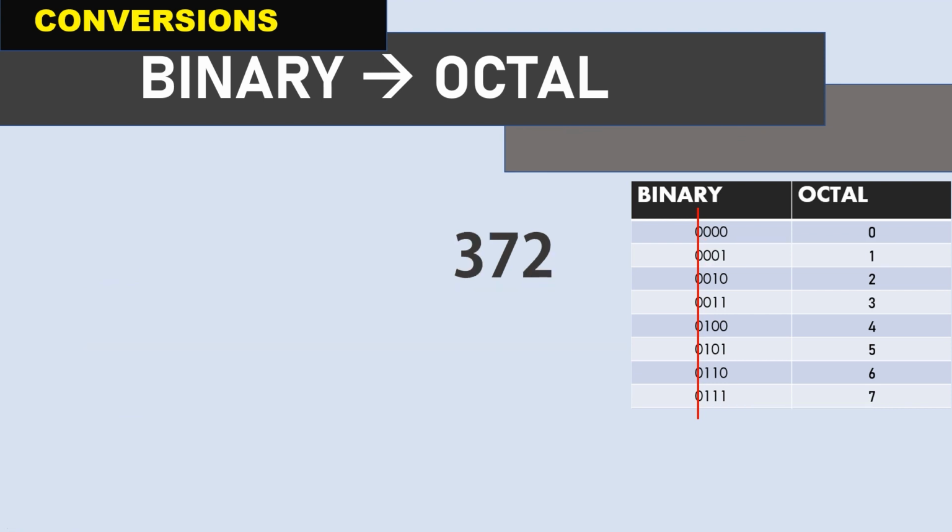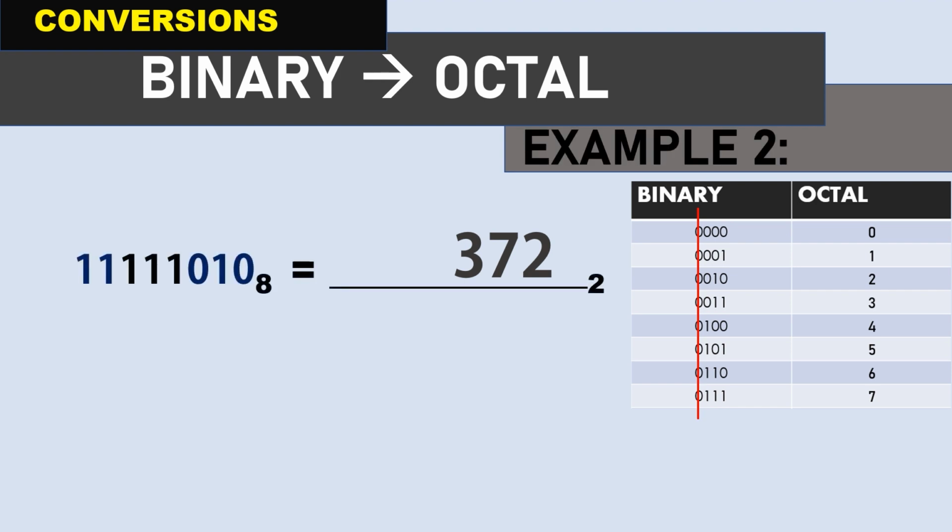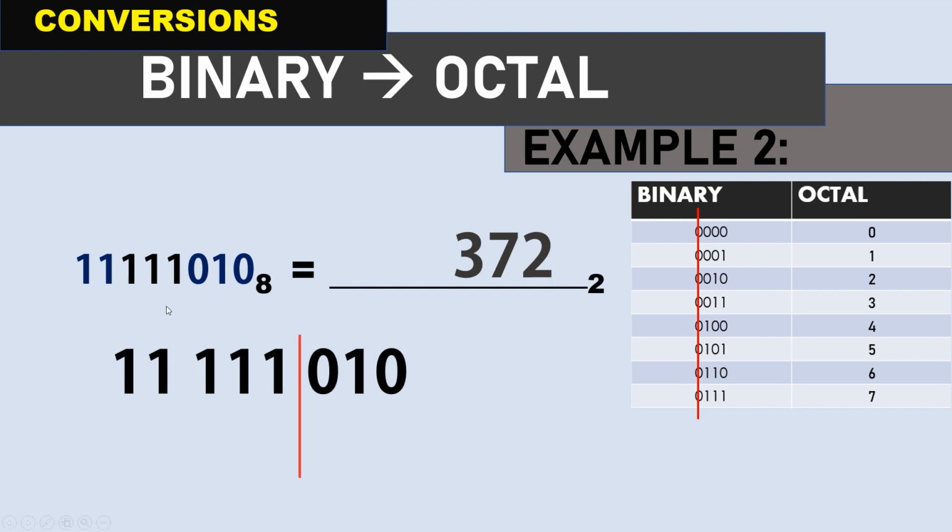Okay, so next we have example number 2. So we have to prove it, given 11111010. In grouping, always start from the right going to the left. Anything that is left, you take a look at the equivalent digit from the table.